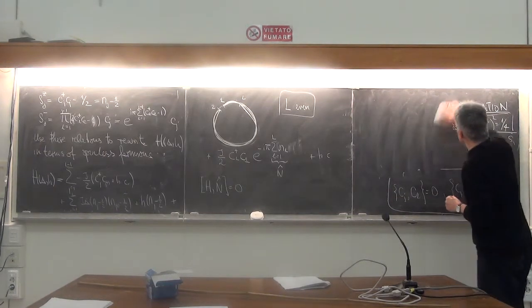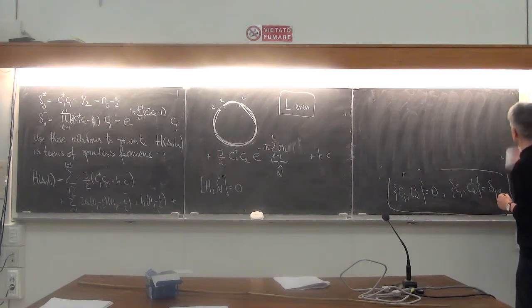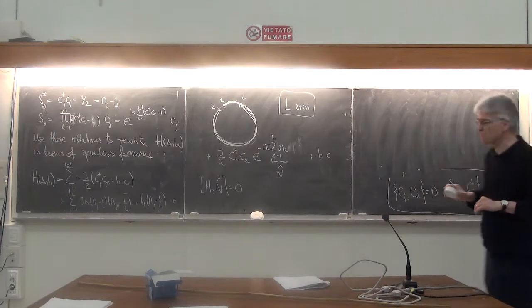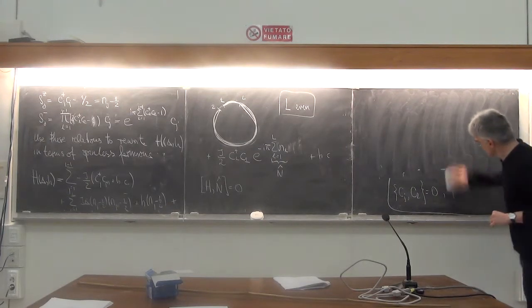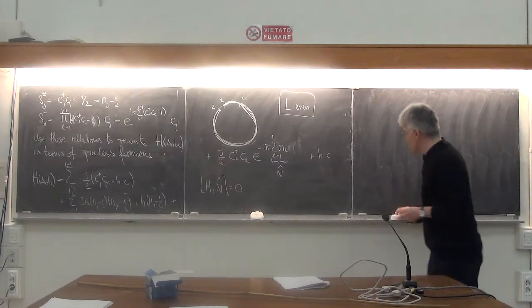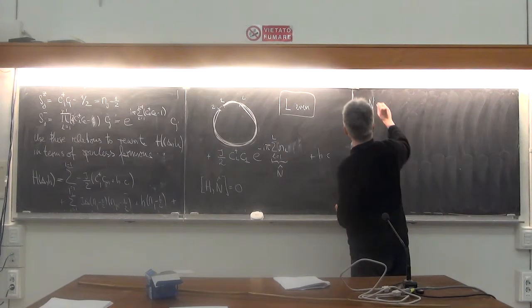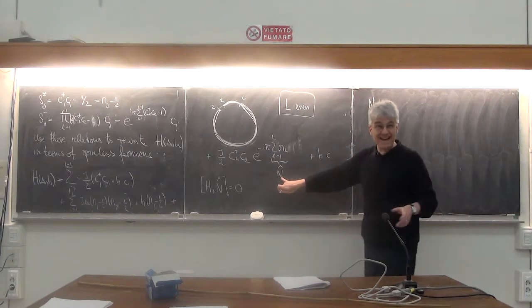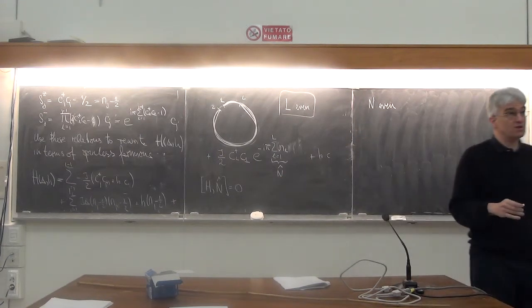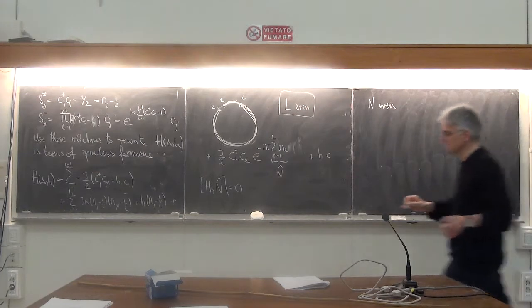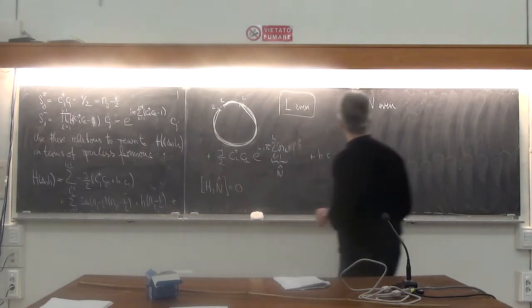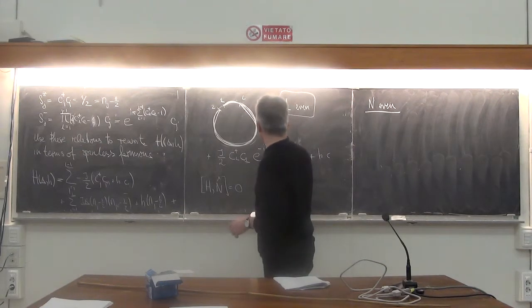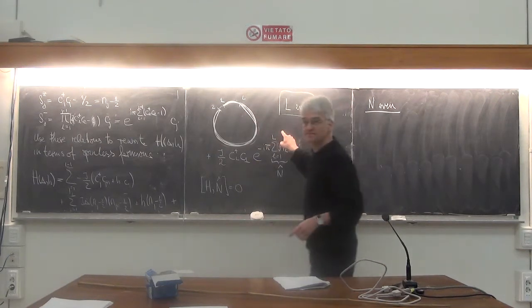Okay? And if you do that, then what you see is this complicated looking term becomes very, very simple. So now if n is even, yeah, so n is the eigenvalue of n hat, so it's the number of fermions, of spinless fermions in my system. Yeah, and because of this it's a good quantum number. If n is even, then what do I get here? So I get no sign. Yeah?